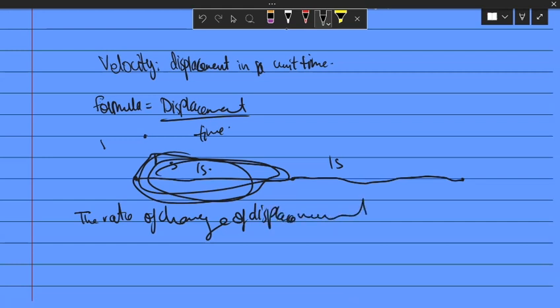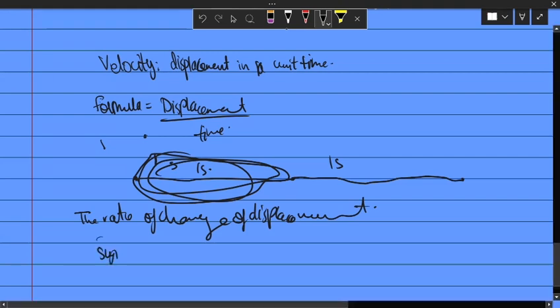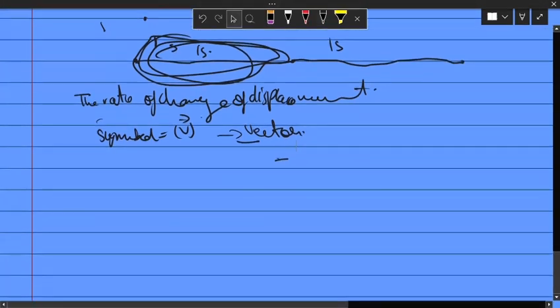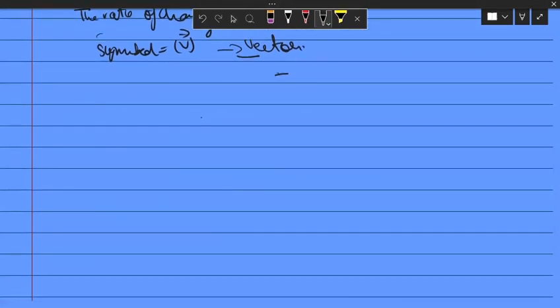Okay, and what is its symbol? Its symbol is basically v, with an arrowhead because it's a vector quantity. Okay, so what's the formula?